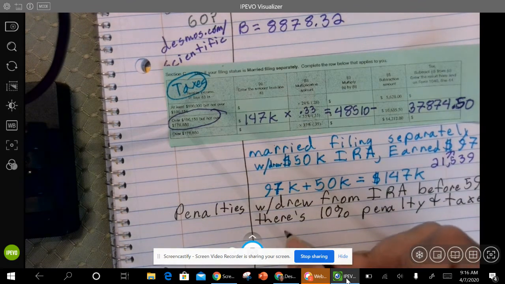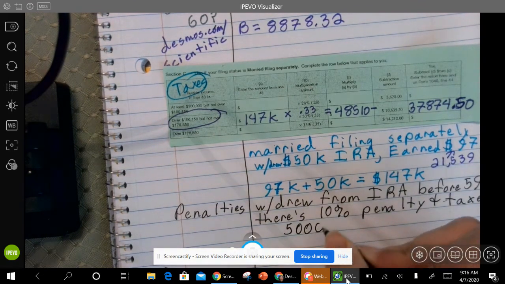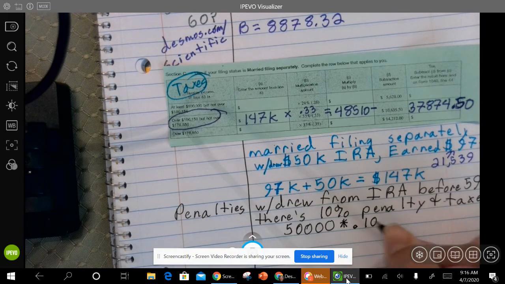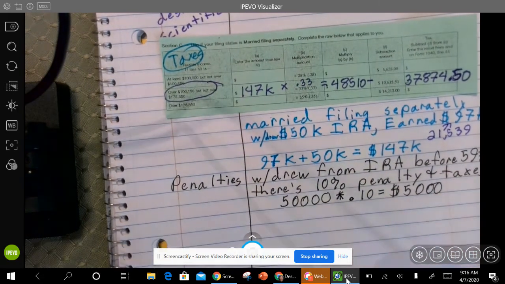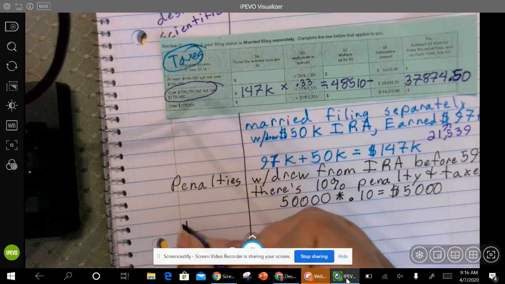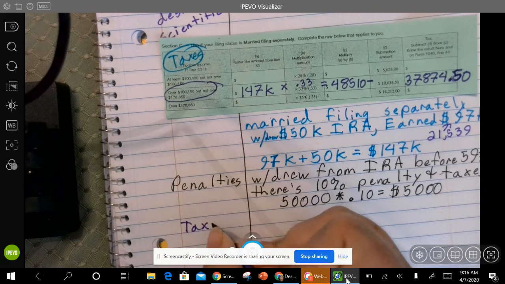So we have the 50,000 times 10% as a decimal. That penalty is going to be $5,000. We're going to have to add that on to what we're already having to pay. So total taxes and penalties. Let's look, everybody, to figure out the total.